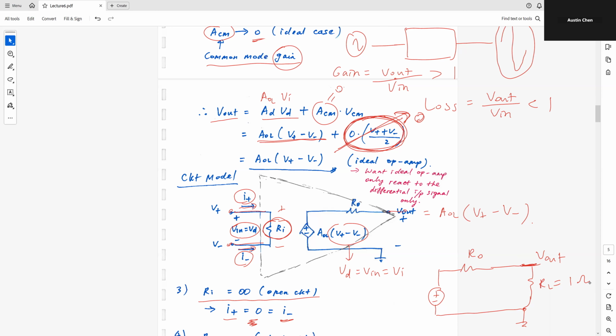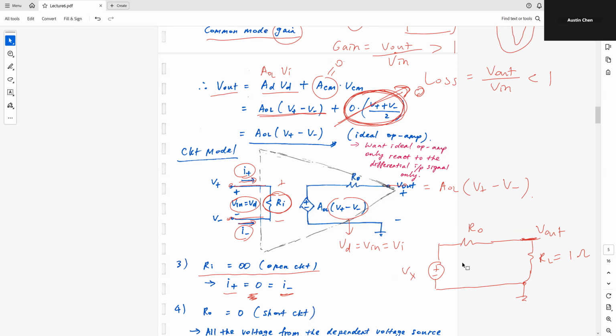What should this V out be? Let's say this is V in, or probably a better name, I'm going to use Vx just so that we don't get confused with this V in over here. So V out in terms of Vx is equal to, it's a simple voltage division.